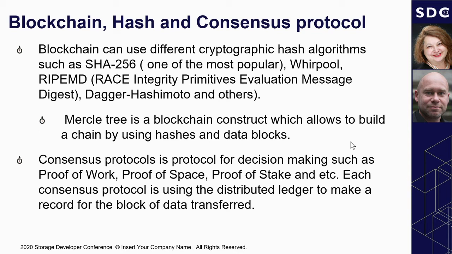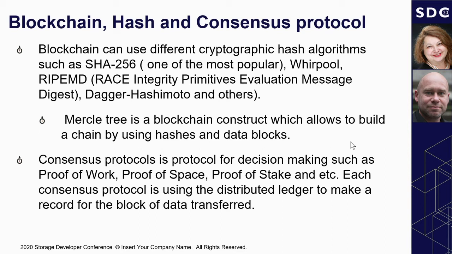And so we covered hashes, right? Another concept which is commonly used is called consensus protocols. A consensus protocol is used in the decision-making process to make a record valid in a distributed ledger.